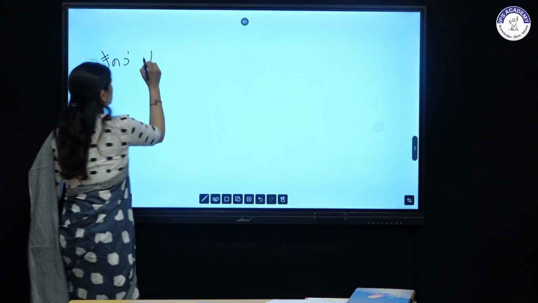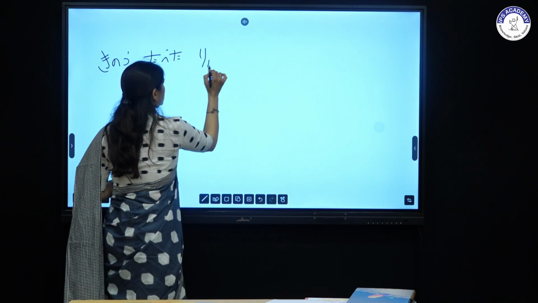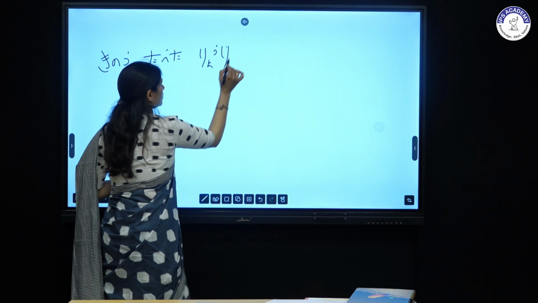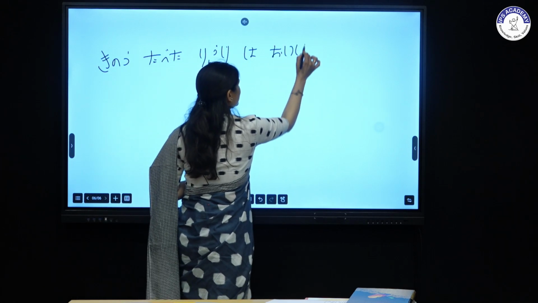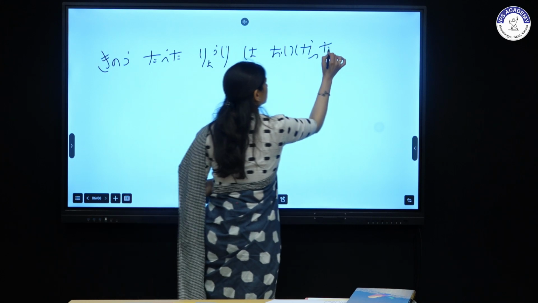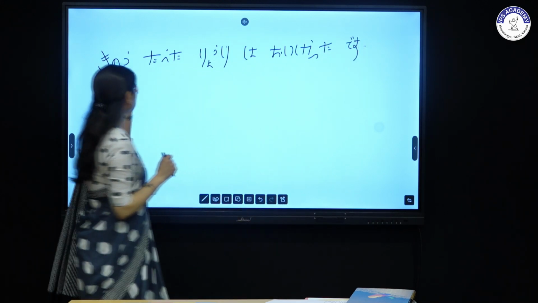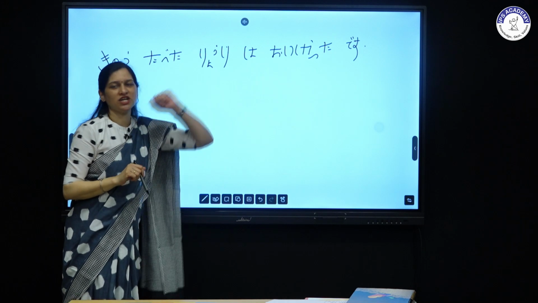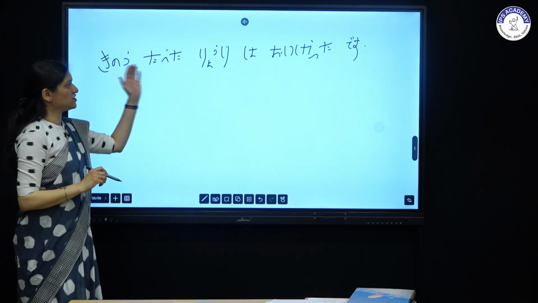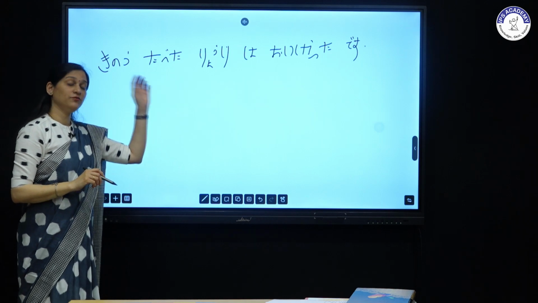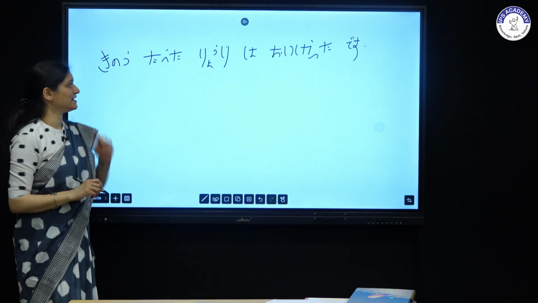Kino tabeta ryouri wa oishikatta desu. Kino tabeta ryouri wa oishikatta desu. The food which I had, or the food which I ate yesterday, was tasty.